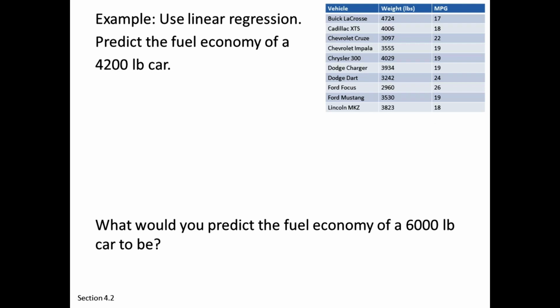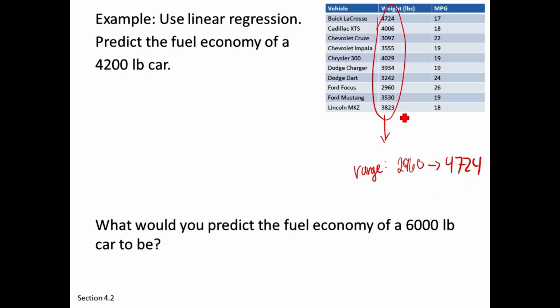I wanted to point out that if you look at these cars right here, notice the range of the weights. The range goes from maybe what? Yeah, from like 2960 up to about 4724. Is that the biggest one?